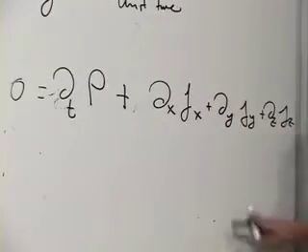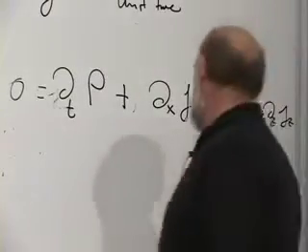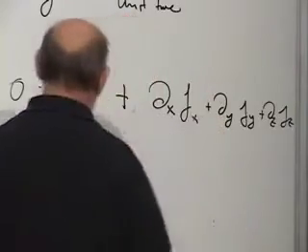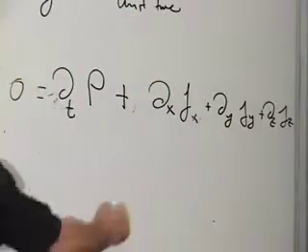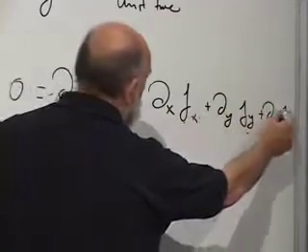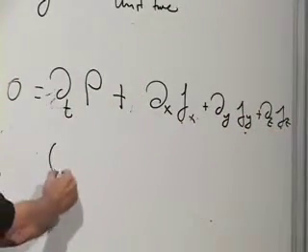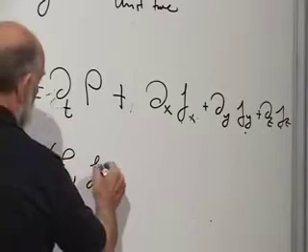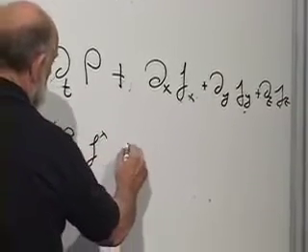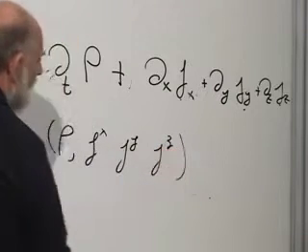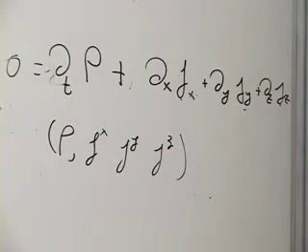You say that the current Jx, Jy, and Jz, together with rho, four quantities, rho, Jx, Jy, Jz, form a four vector.